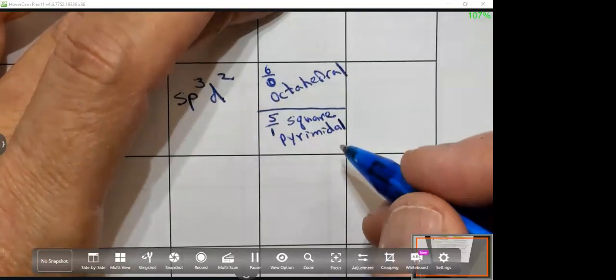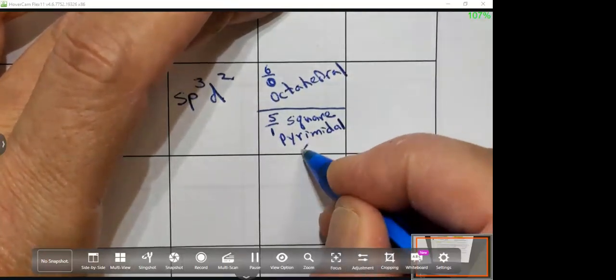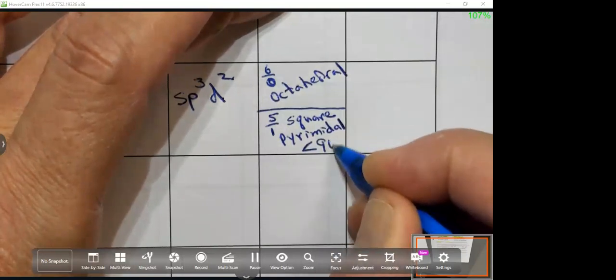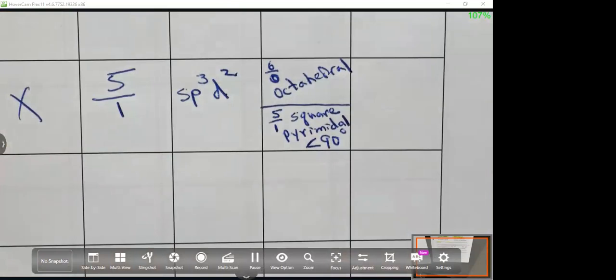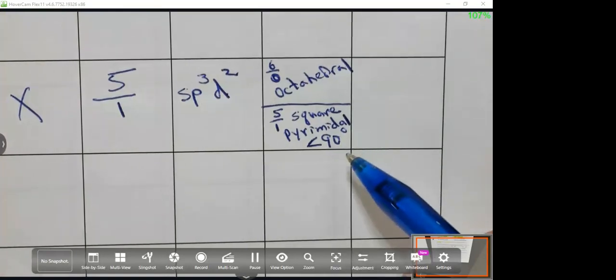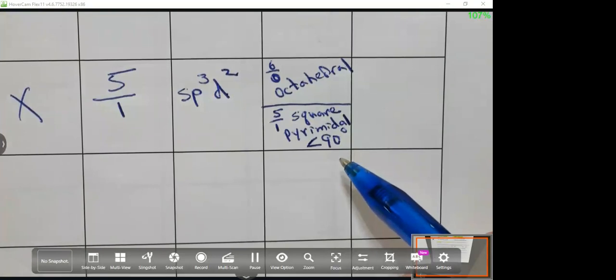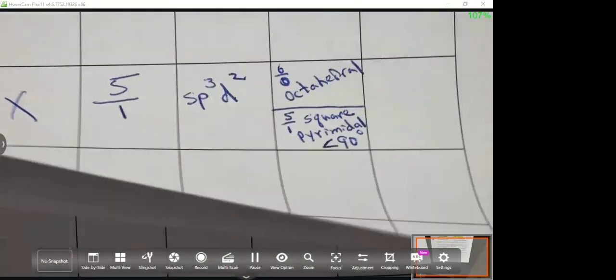Square pyramidal gives me an angle that's less than 90 degrees. I'll throw some of these on the screen in a little bit here. Let's go to the next page.